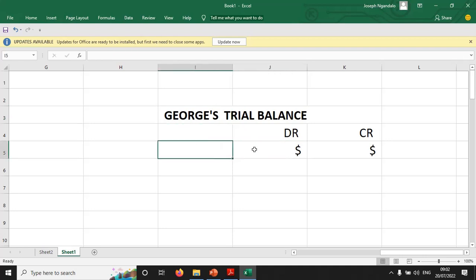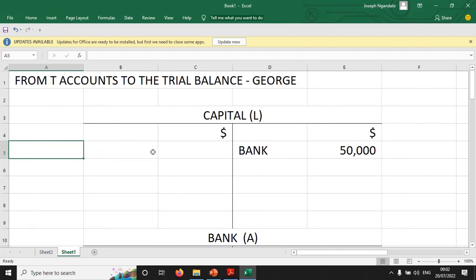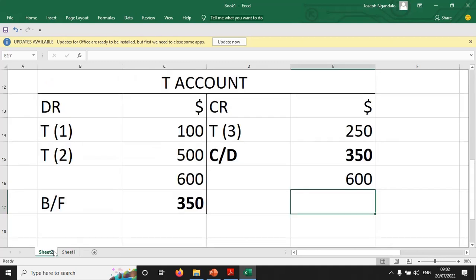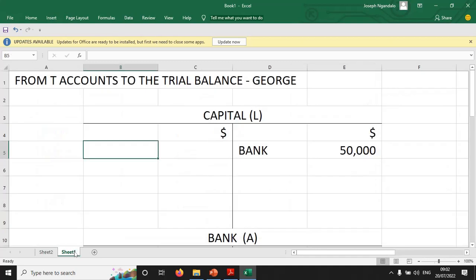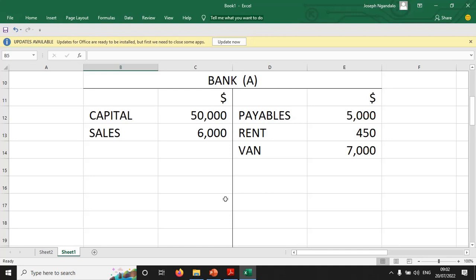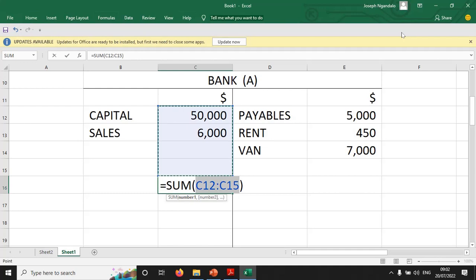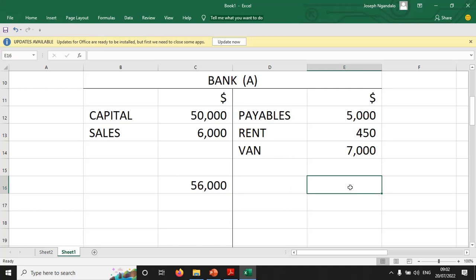So we're going to be doing exactly what I'm just from doing in the other space here. You remember? Closing accounts. I think I'll start with the bank account, just for argument purposes. What we started with is we had to sum up both sides of the account. How much is the debit side? 56, right? What about here? 12,450.